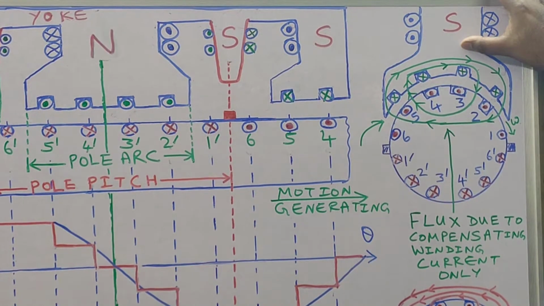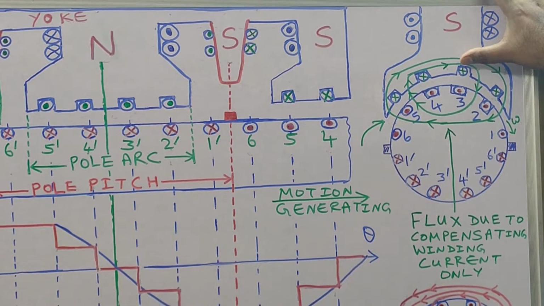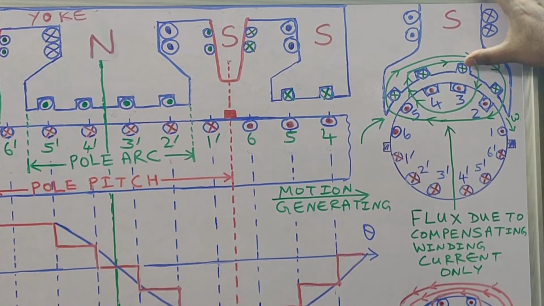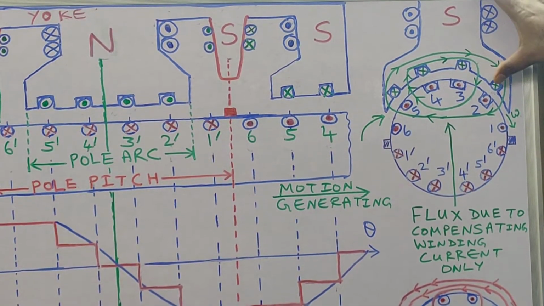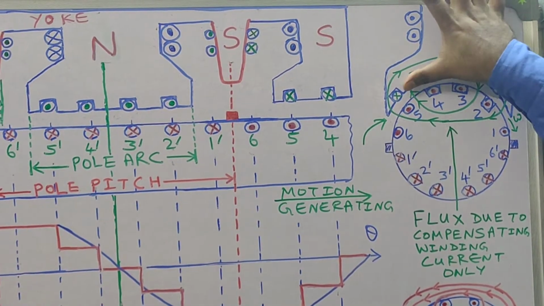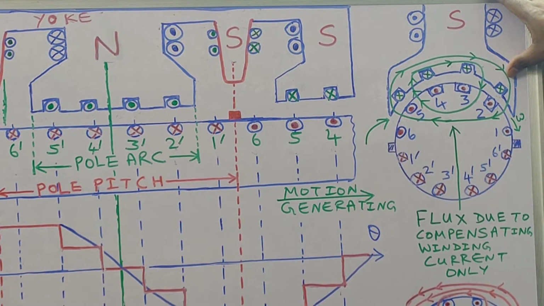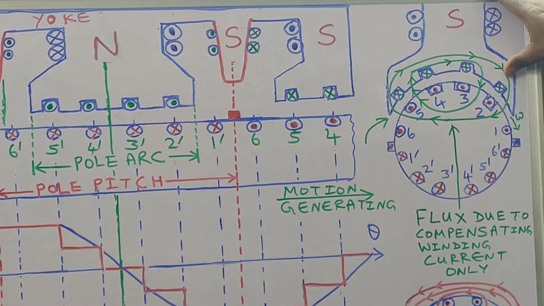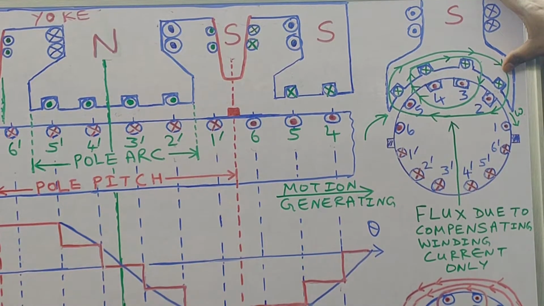So this south pole has 4 slots cut out along the south pole face, and they accommodate the compensating winding conductors. These compensating winding conductors will carry a current whose polarity is opposite to the current carried by the armature conductors under this south pole face.